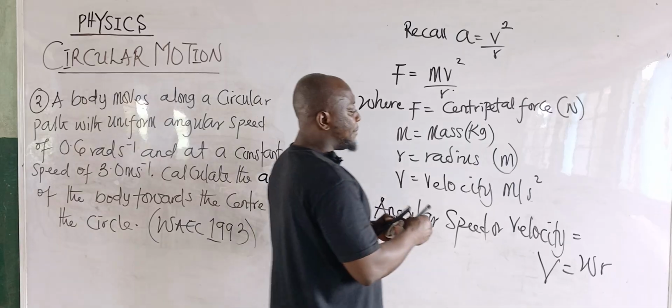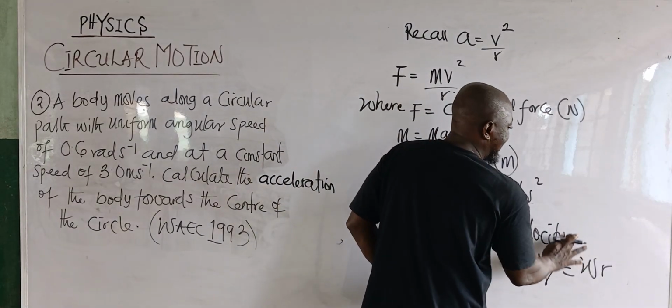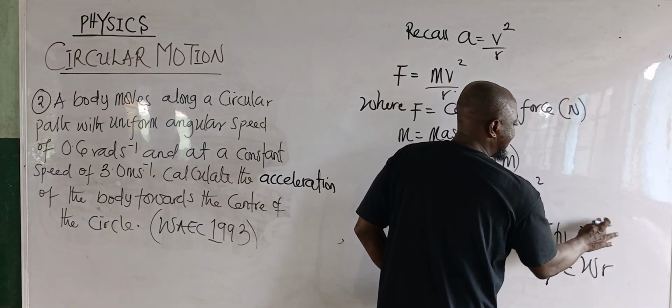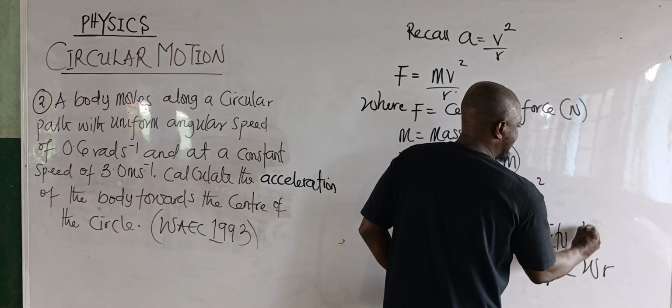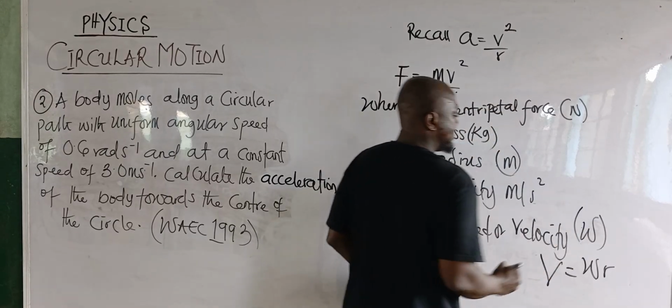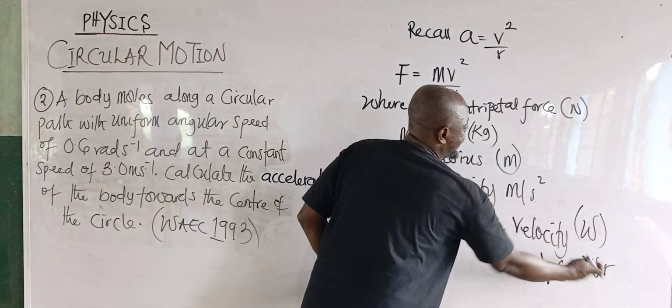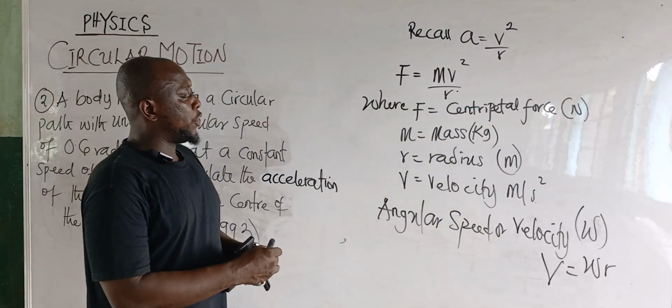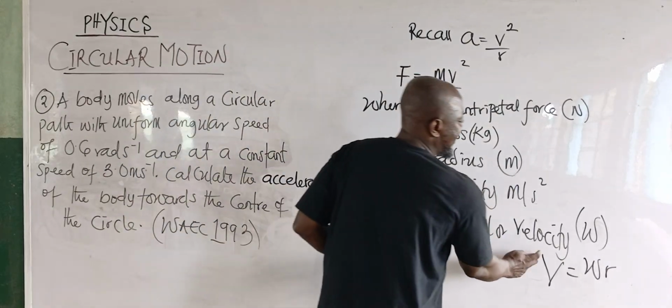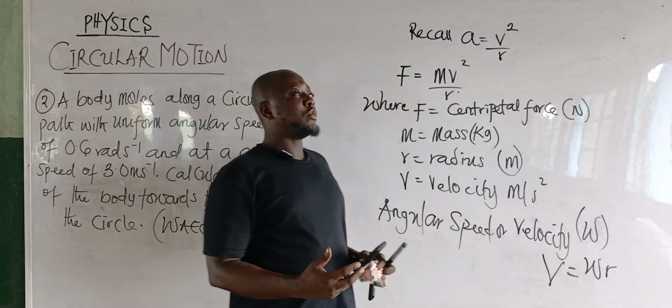Please don't forget that my angular velocity is known as omega. So my V is my velocity, while my r is my radius. So we use the formula V equals omega r.